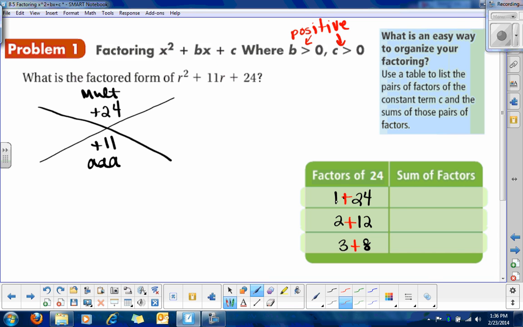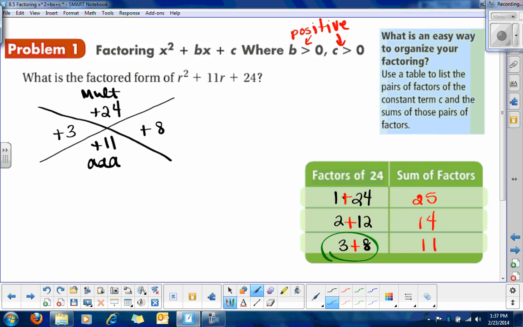So here, let's see, 1 plus 24, that's 25. 2 plus 12, that's 14. 3 plus 8, 11. There it is, right there. So that means that we're going to use a positive 3 and a positive 8 as our binomials. So in our X method, I'm going to write positive 3, positive 8.